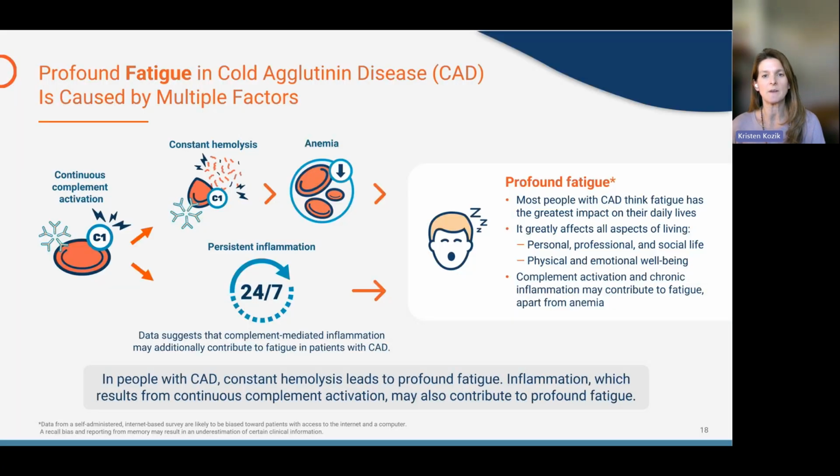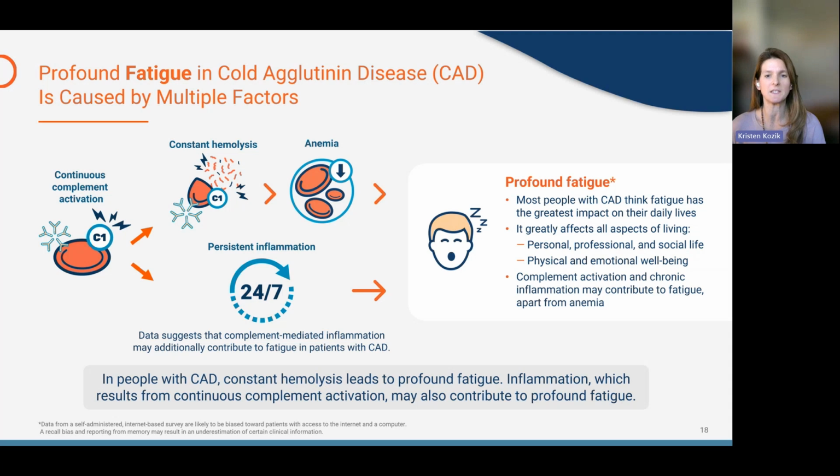So let's first talk about fatigue, which is a complex issue that is caused by multiple different factors. As we discussed earlier, continuous complement activation leads to constant hemolysis. That hemolysis can lead to profound fatigue. Now, persistent inflammation, which results from continuous complement activation, may also play a role in feeling fatigued.